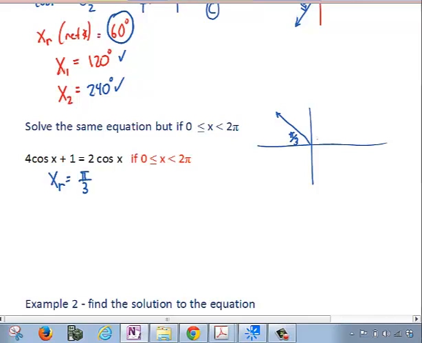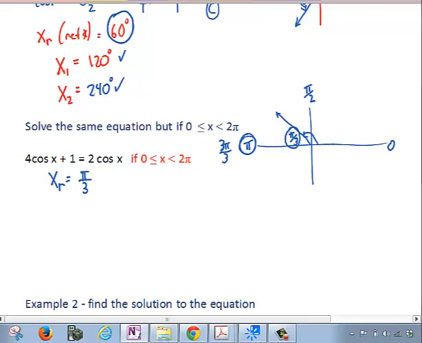So this is how you figure out your radian amount. You know that this is 0 radians, this is pi over 2 radians, this is pi radians. So in order to get this angle, you need to subtract pi over 3. So how do you do that? Well, you change pi to being over 3, so it's 3 pi over 3.